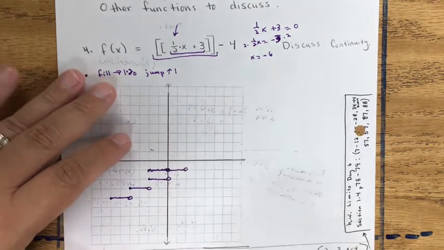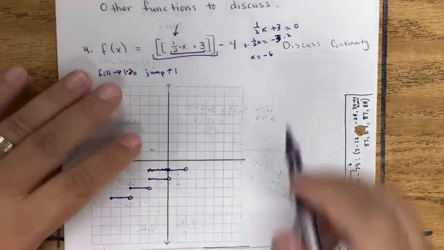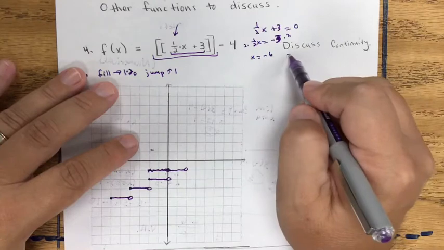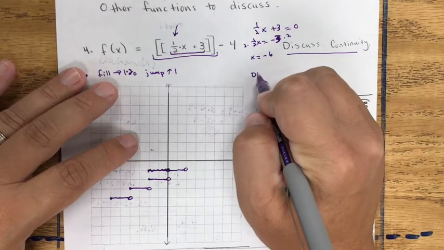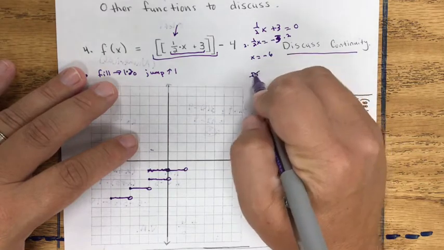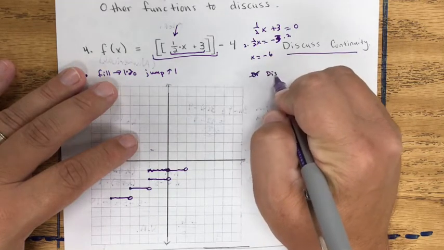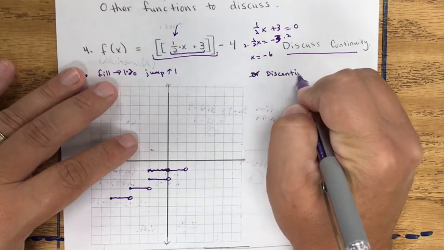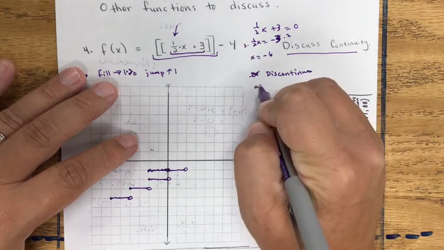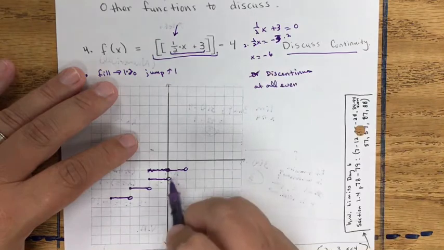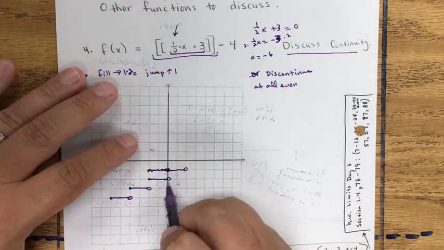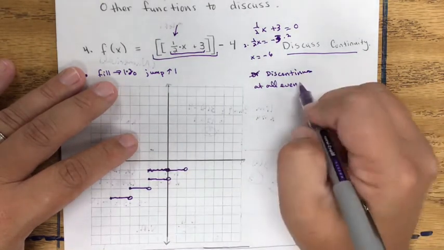Okay, so a couple things that I could do. I could say discuss continuity. Well, this is discontinuous, or basically this is tricky. I'm going to say where it's discontinuous. Continuous at all even integers, 0, 2, that's where I have all the jumps, all even integers.